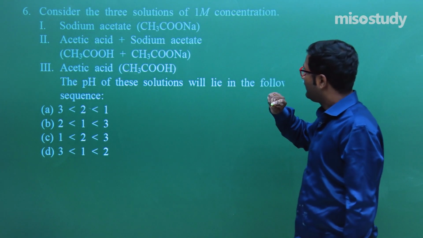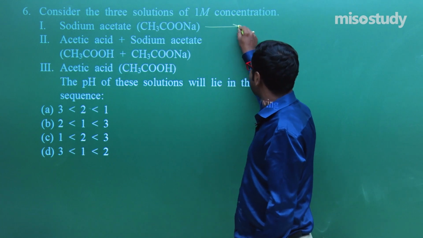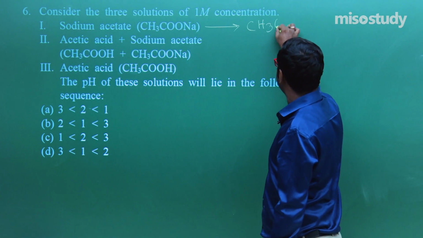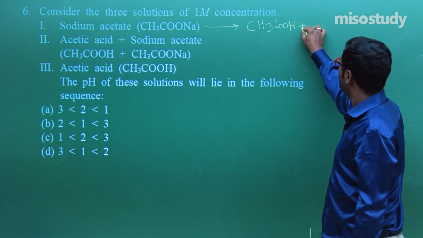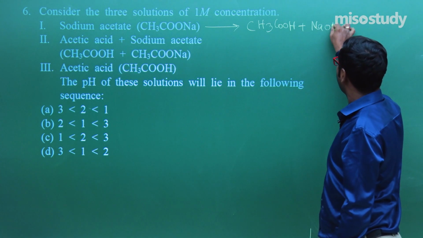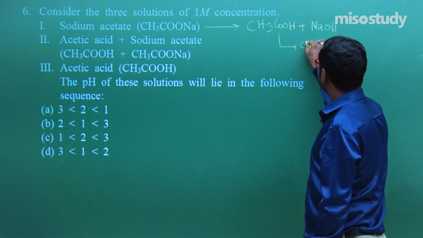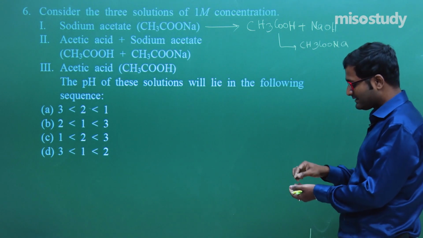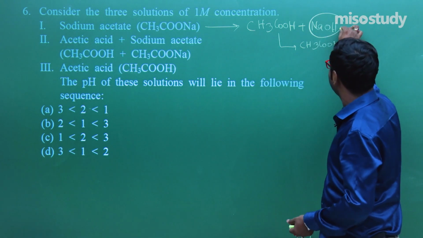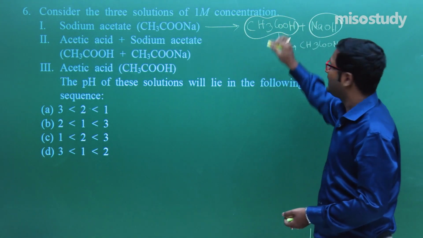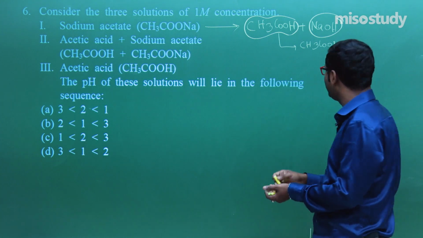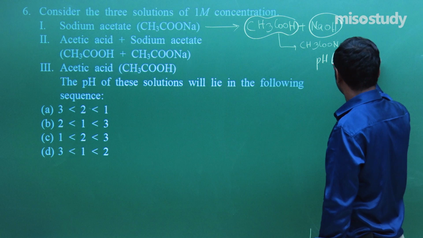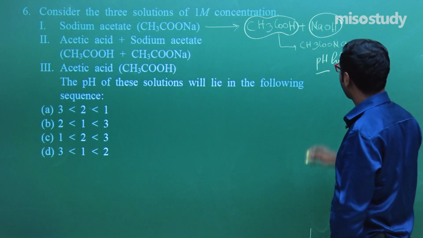Okay, sodium acetate. Sodium acetate comes from which type? CH3COOH plus NaOH, then CH3COONa. Definitely this is a strong base and this is a weak acid. If there is a strong base and weak acid, definitely it will have higher pH.